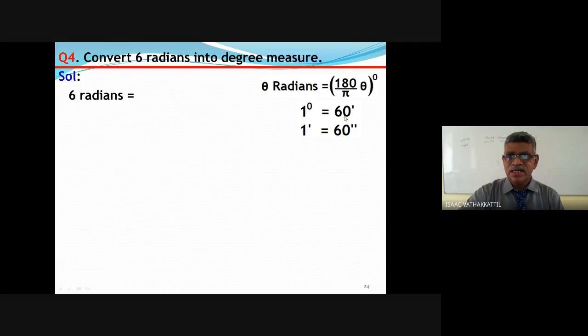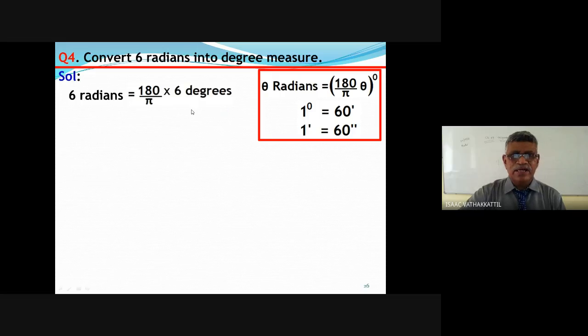So 6 radians will be 180 by pi into 6 degrees, because theta radians is 180 by pi into theta degrees.